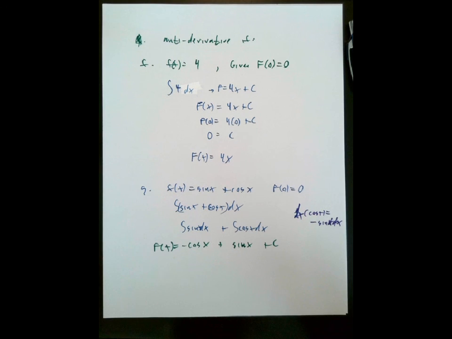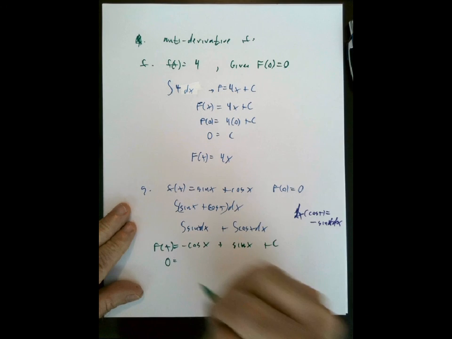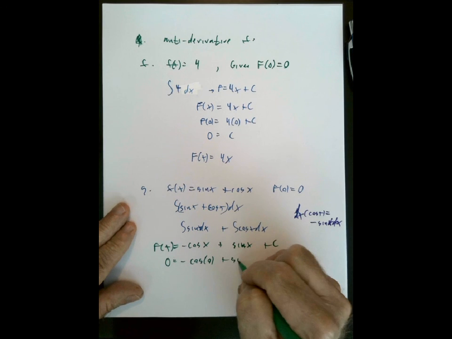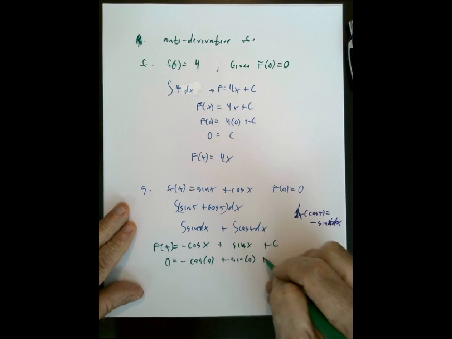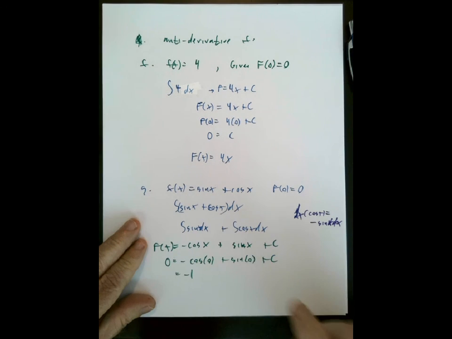So we know that f of 0 is equal to 0, so 0 is equal to negative cosine 0 plus sine 0 plus c, right? Well, the cosine of 0 is 1, and so that's going to be negative 1.